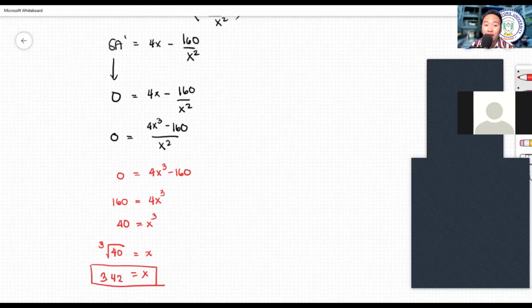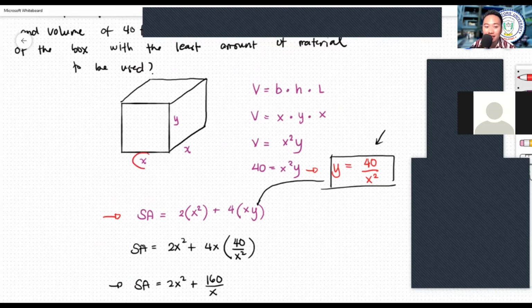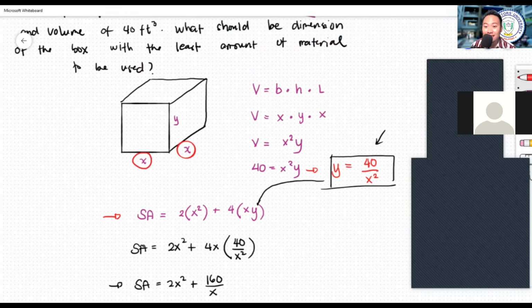This is now your critical value, and that's the length of your x. That is the dimension we were looking for. And how do we solve for y?